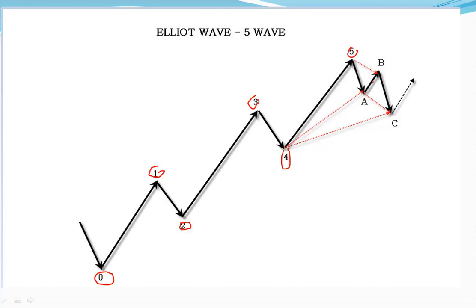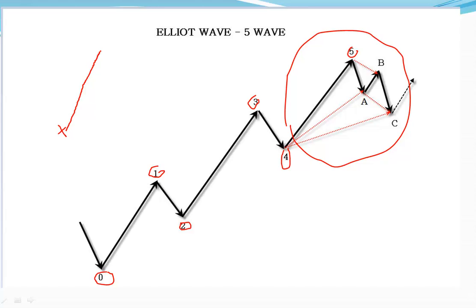When you have that corrective wave process right here, this actually also turns into that harmonic wave, where you'll have what we call an X, A, B, C, D, and it looks something like that. What we call maybe a Gartley or a butterfly or a bat or a crab pattern, which we're going to discuss next week.